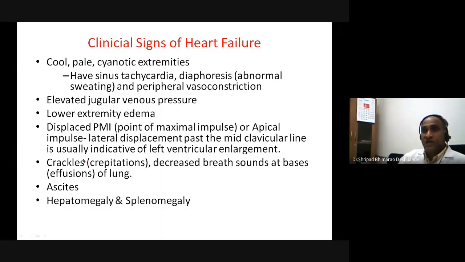Okay, now the respiratory system examination reveals decreased breath sounds, and you have adventitious sounds, what are called crepitations.